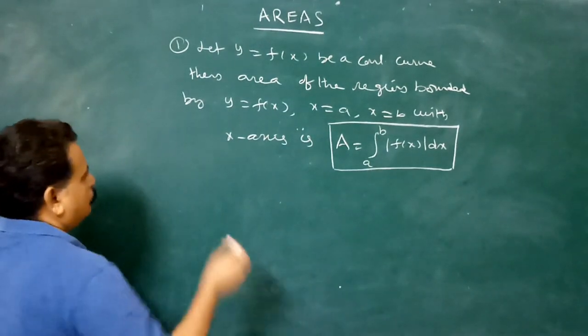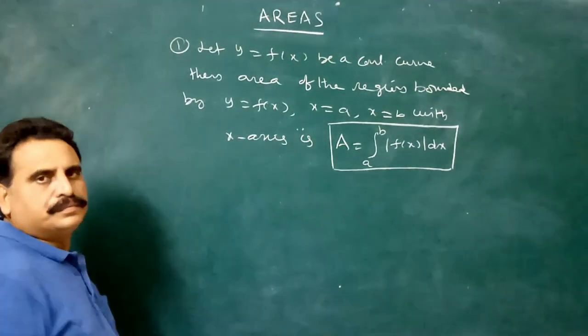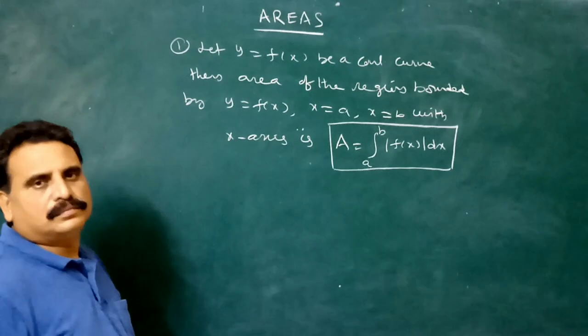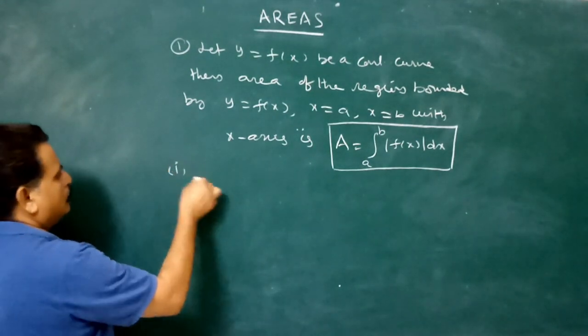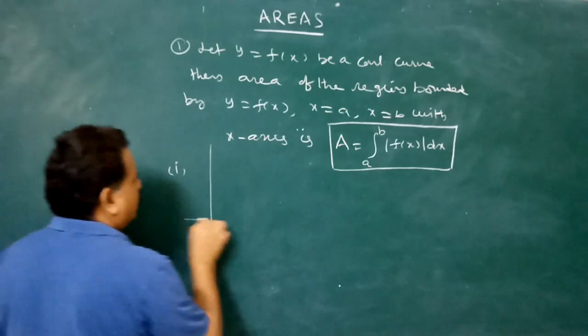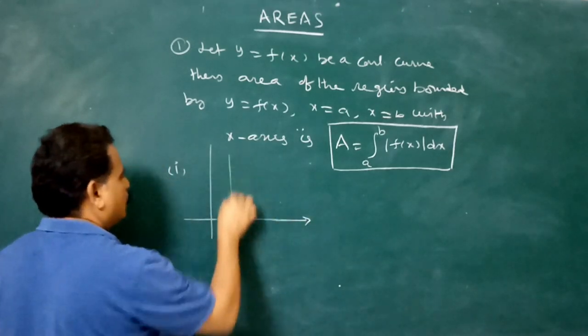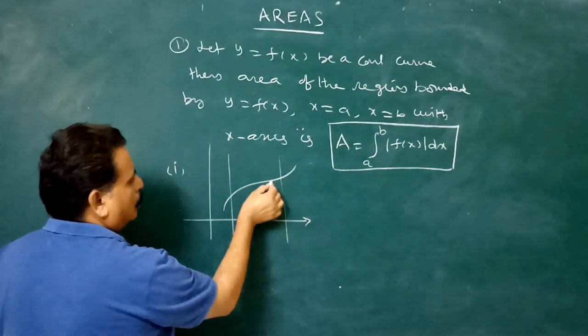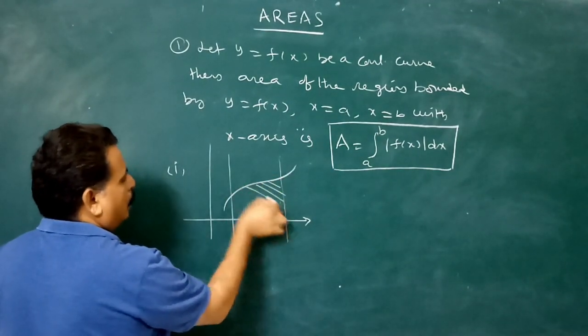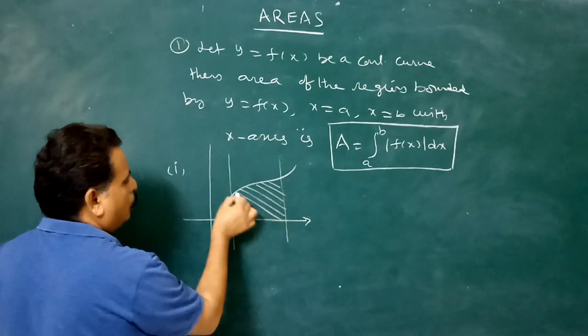Now here are the different positions of the curve. First one: y-axis, x-axis. This is the curve y equal to f of x. The lines are x equal to a and x equal to b.